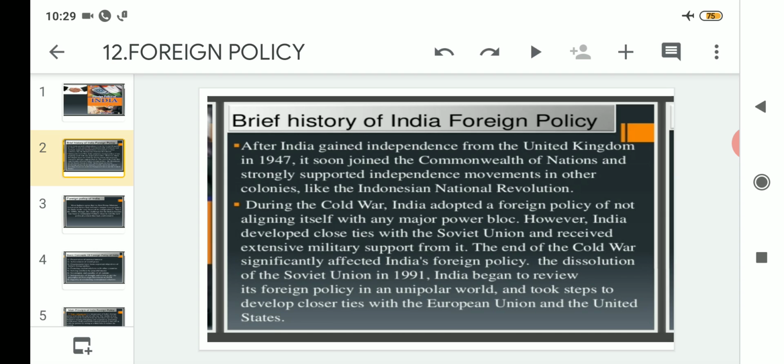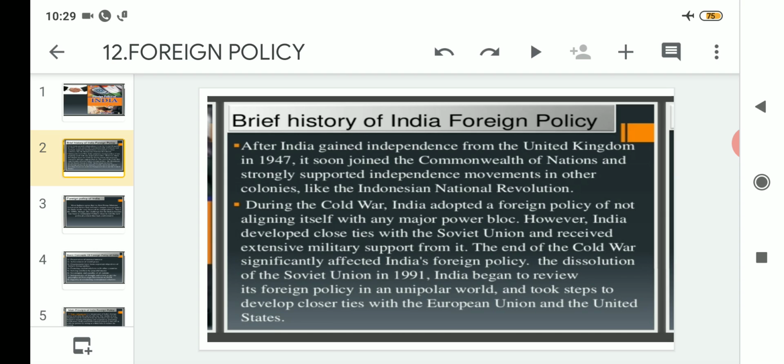That means, as soon as India gained independence in 1947, it joined the Commonwealth of Nations, that will work for the development and welfare of all the countries under the Commonwealth of Nations, and strongly supported independence movements in other colonies like the Indonesian National Revolution.